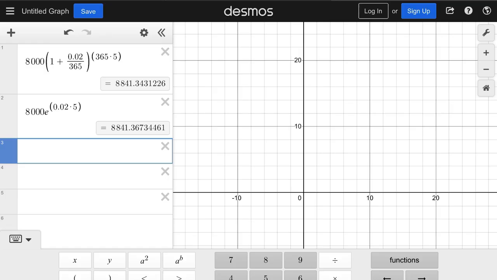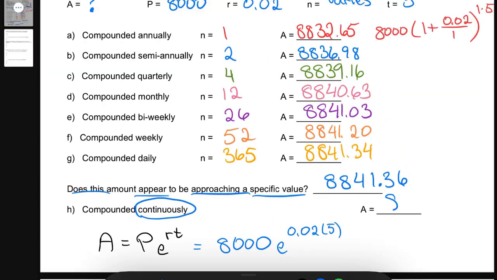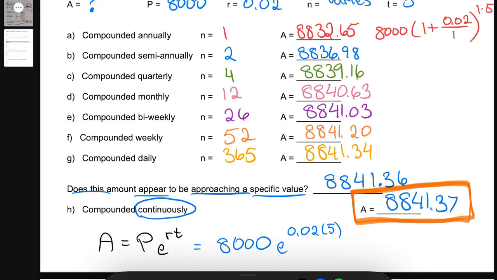This is the dollar amount if we could compound literally every second of every day: 8841.37. So if we were to compound more and more times per year, it would eventually top out at 8841.37.